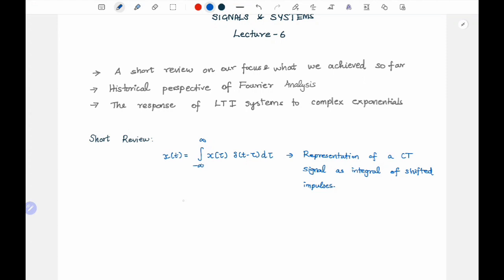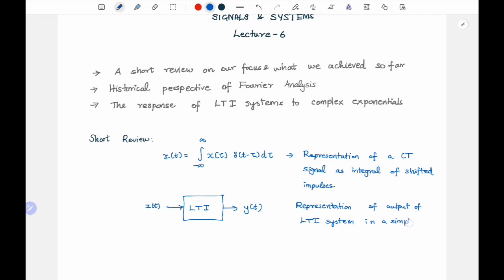And then what did we actually do? We passed this signal through an LTI system, right? And we represented the output of the LTI system in a simpler way, right?